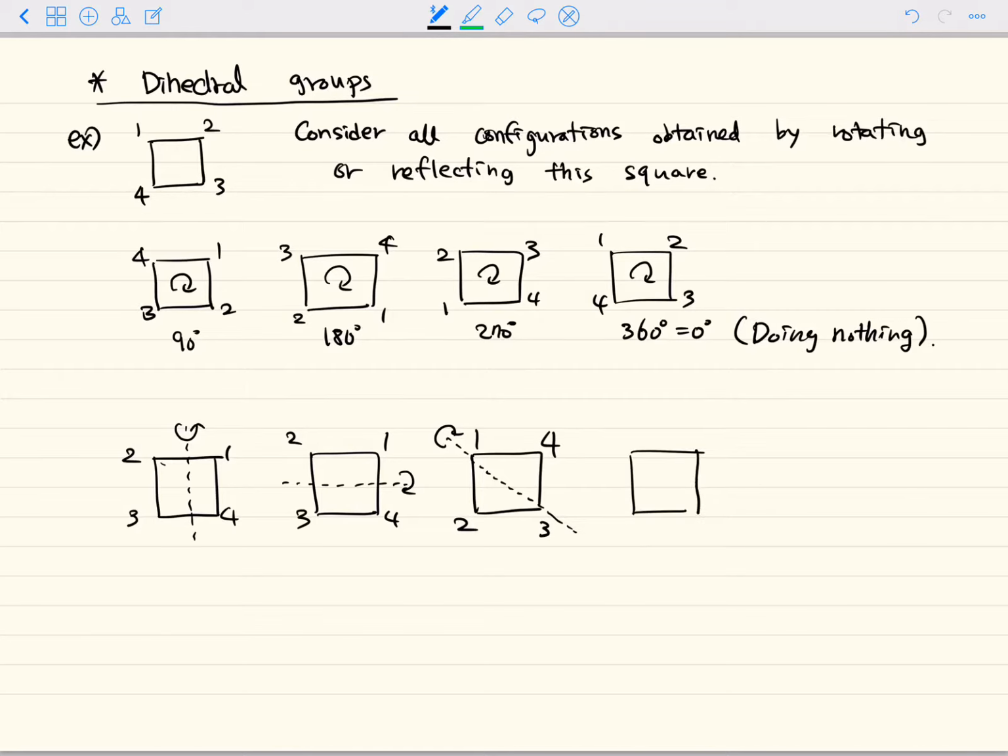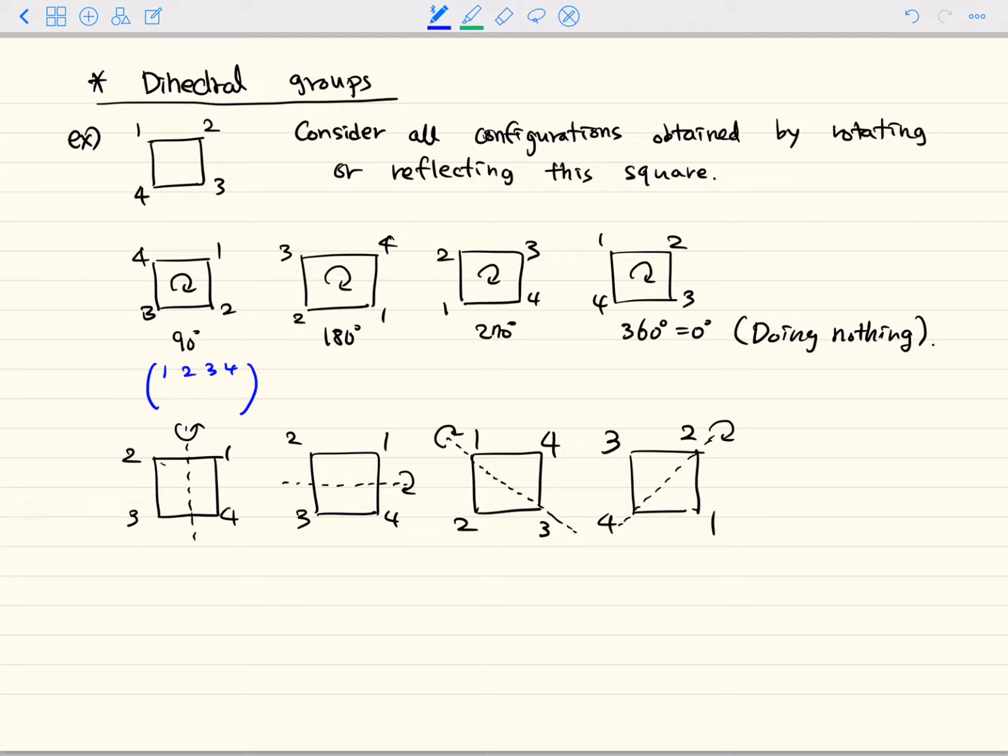And the final one is the reflection about this axis, where 2, 4 will stay in the same position, but 3, 1 will be changed. So there are 4 rotations and 4 reflections like this.